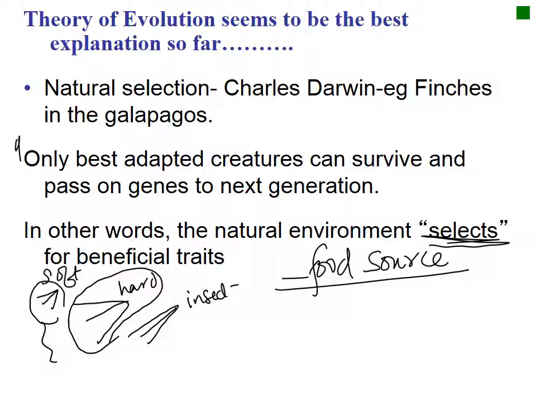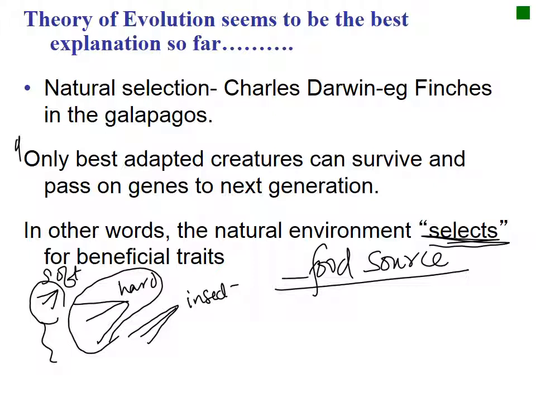Okay, that sort of drove these finches to evolve, and the best fit, meaning the finch whose genetics determined that it would have this kind of beak, survived better in an island where there were a lot of soft cacti available.